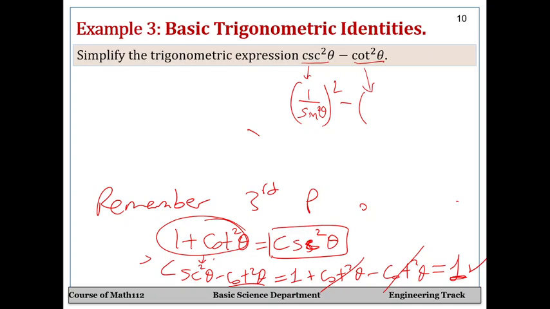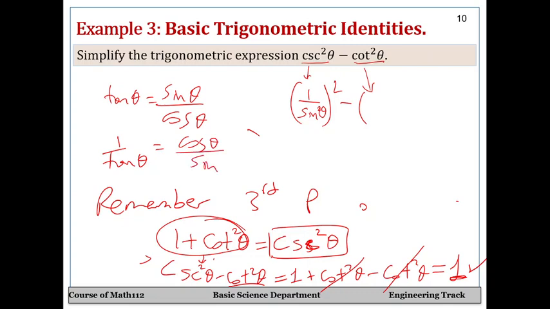Tangent theta is sine theta over cosine theta, so 1 over tangent theta means cosine theta over sine theta. And here it will be cosine theta over sine theta squared.